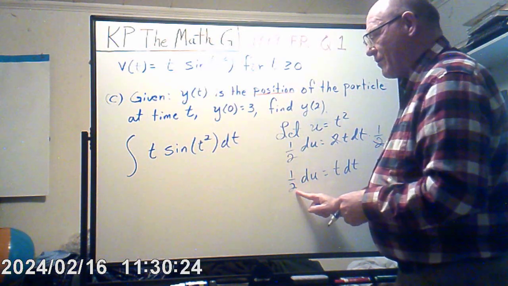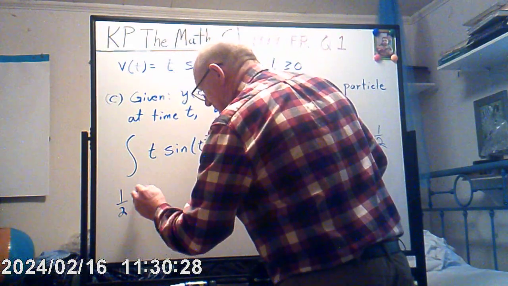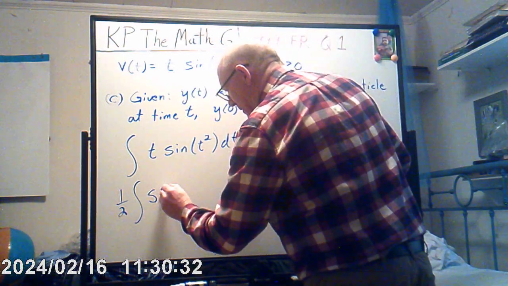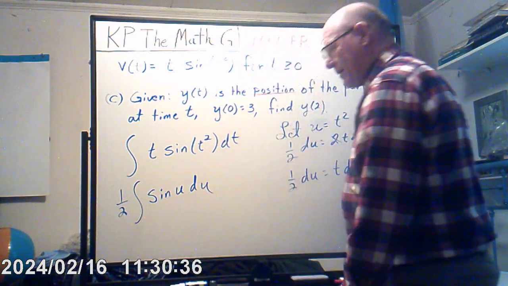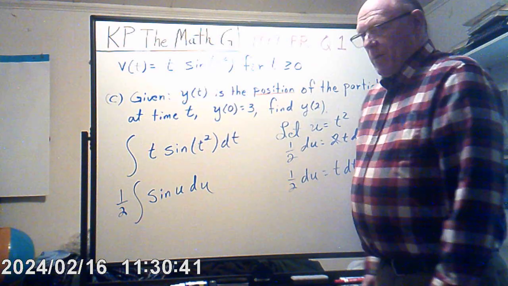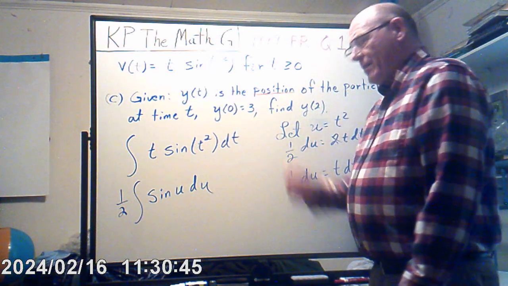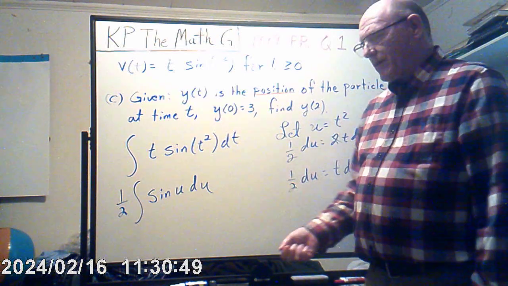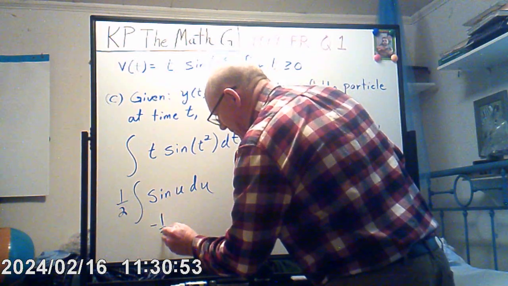But anyway, 1/2 goes out in front. Now I have the integral of sine of u du. Simple as that. Keep in mind that the antiderivative of the derivative of sine is cosine, but the antiderivative of sine is negative cosine. So I'm going to make this 1/2 a negative 1/2.